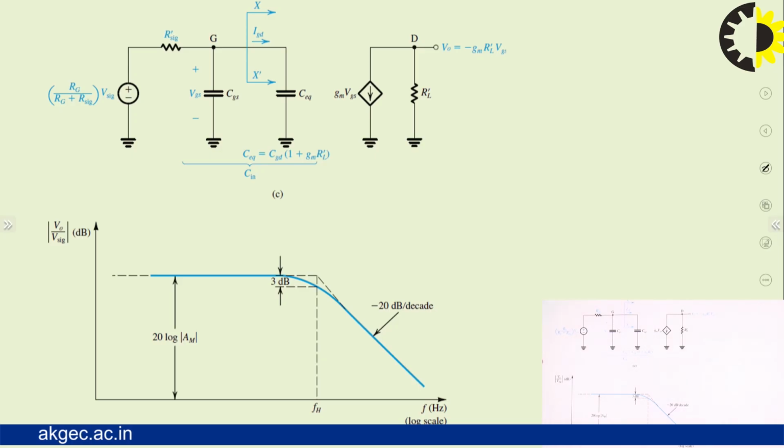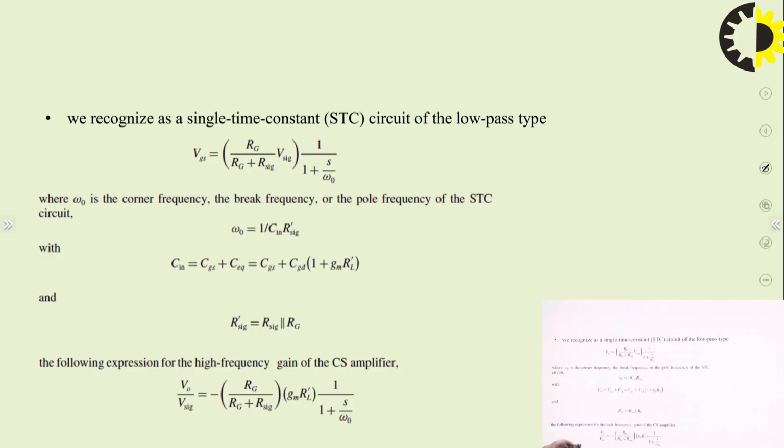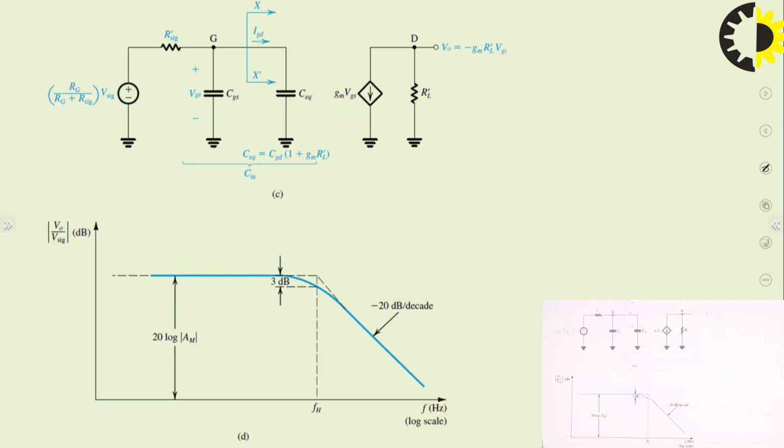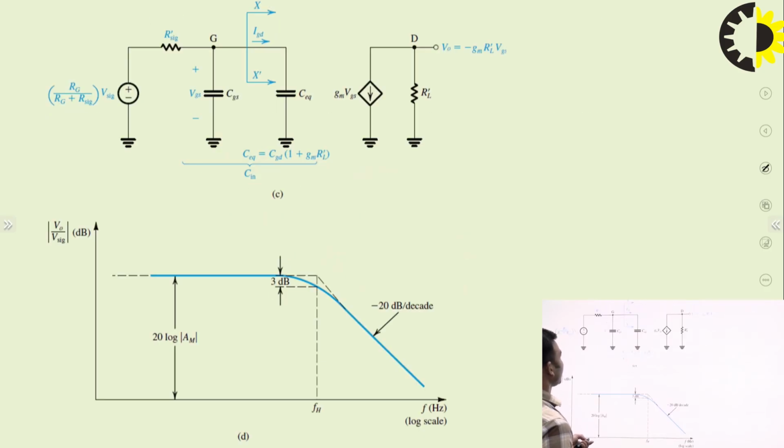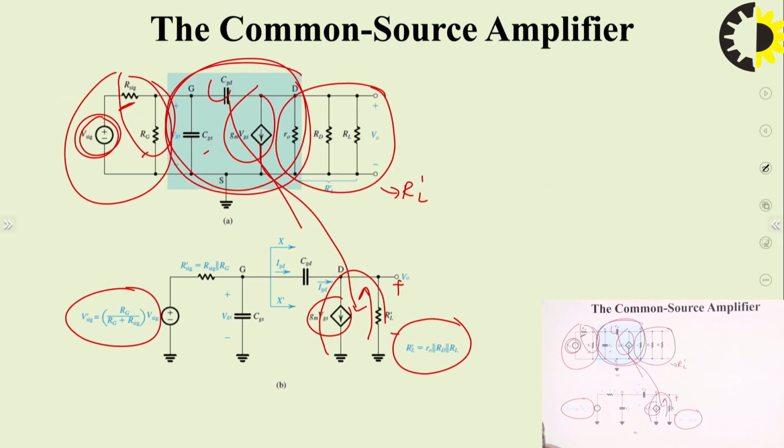Now for more analysis, we need to find the effect of this capacitor, which will be represented as C equivalent, because this capacitor is connected towards the input side as well as the output side.